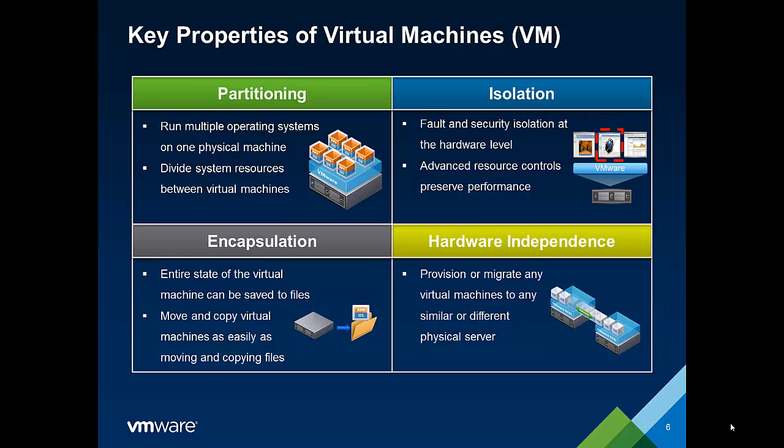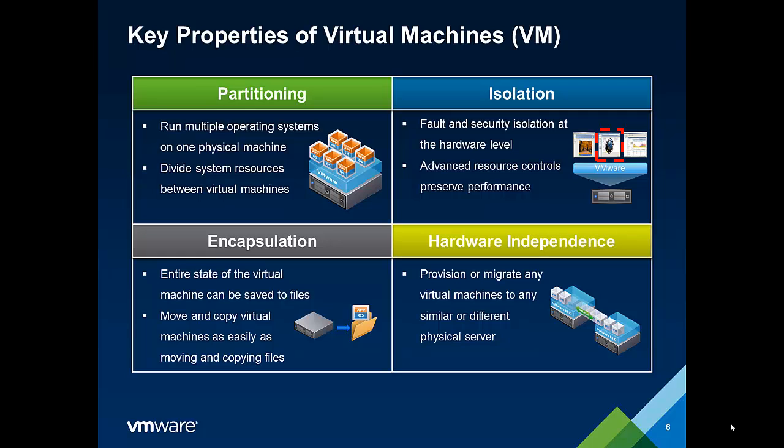Since VMs are very much just made up of files, just like that on your Windows operating system, the great thing about that is they can be moved from one place to another. And it's much like copying and pasting from within your Windows Explorer. And by taking a copy of those files or a snapshot of those files, we can also save a point-in-time state for those virtual machines as well.